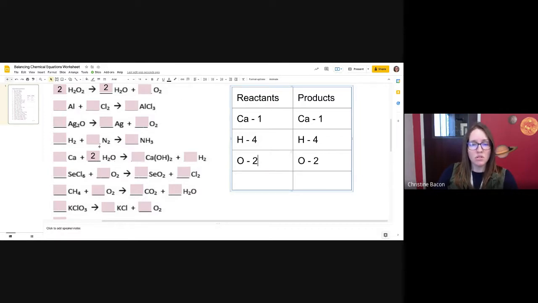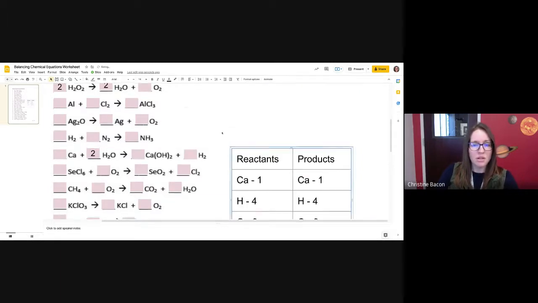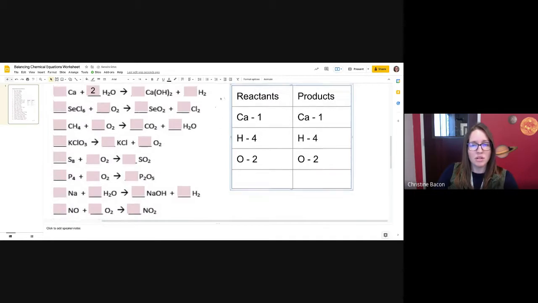Oh, hold up, that's all we had to do, because now we have 1 calcium as a reactant and 1 as a product. We have 4 hydrogens as a reactant, and 1, 2, 3, 4 hydrogens as a product. We also have 2 oxygens as a reactant and 2 oxygens as a product. Too easy.